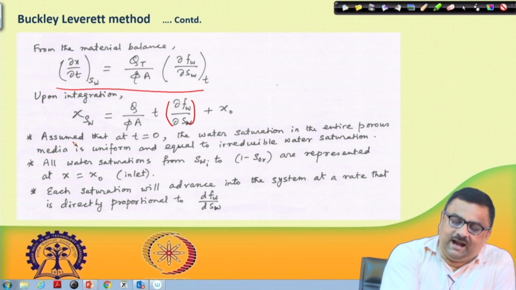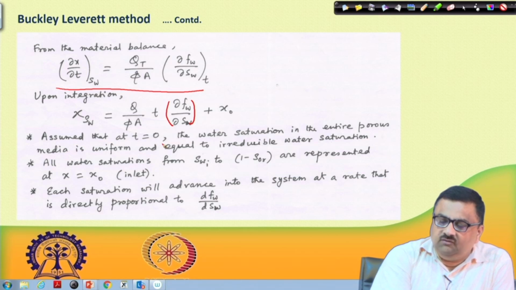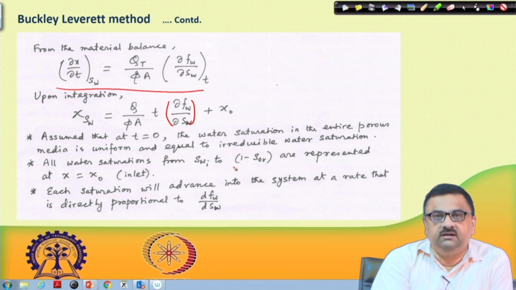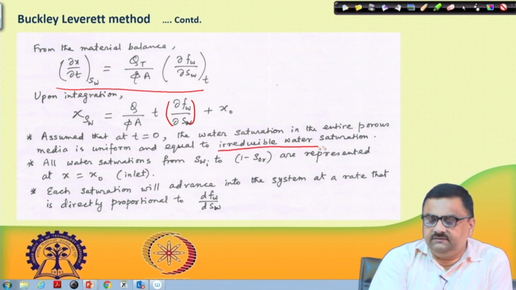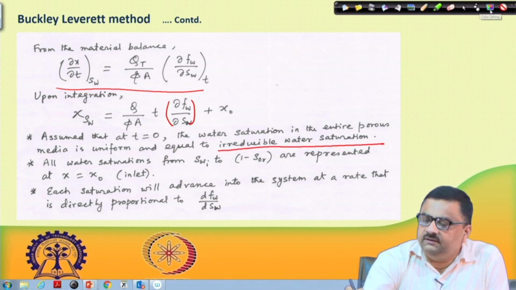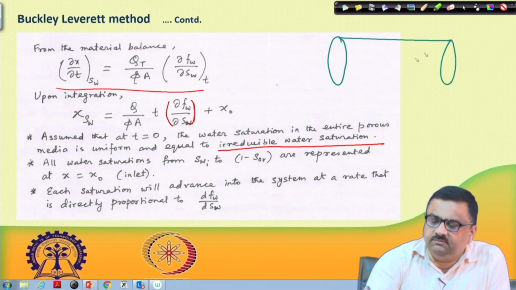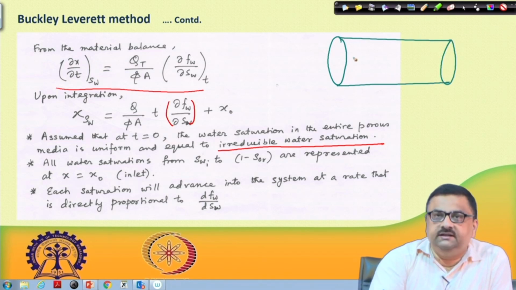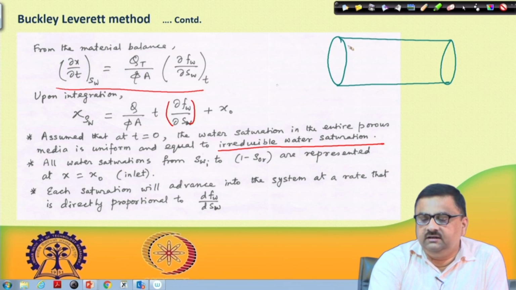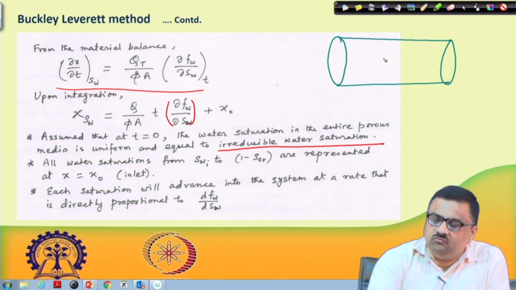Assume that at t equal to 0, the water saturation in the entire porous media is uniform and equal to irreducible water saturation. This we already know. If this was the porous medium we have, it contained the wetting and non-wetting phase.